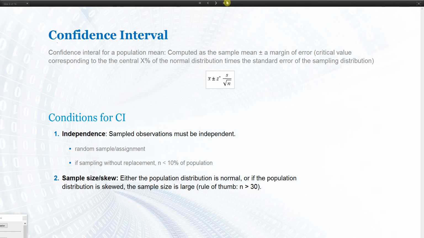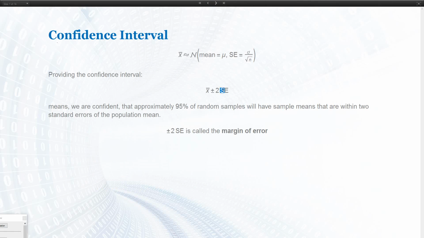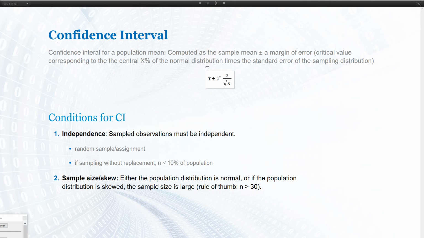Now the question is, okay, we understand the standard error. That's the spread, the scatter of our x bar. Why 2? First of all, it's arbitrary. Generally, the confidence interval is x bar plus minus some number c star or c prime times the standard error.